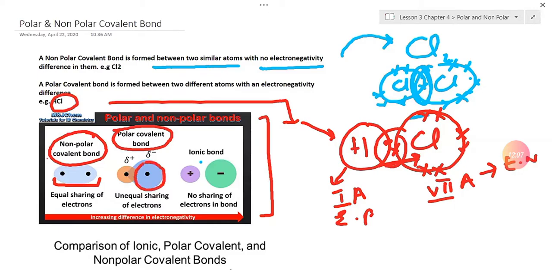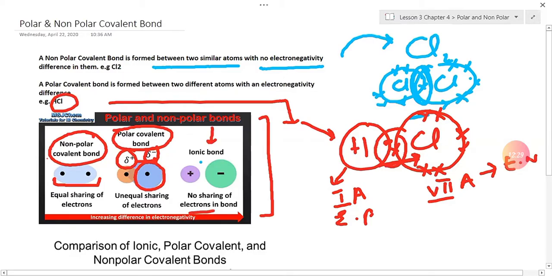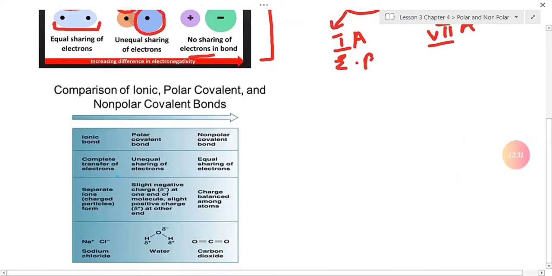Partial negative is formed because of the more electronegative nature, as shown in this example, chlorine. It becomes partial negative due to its higher electronegativity, and it pulls the shared pair more towards itself as compared to the other. Whereas in ionic bond there is no sharing of electrons involved.